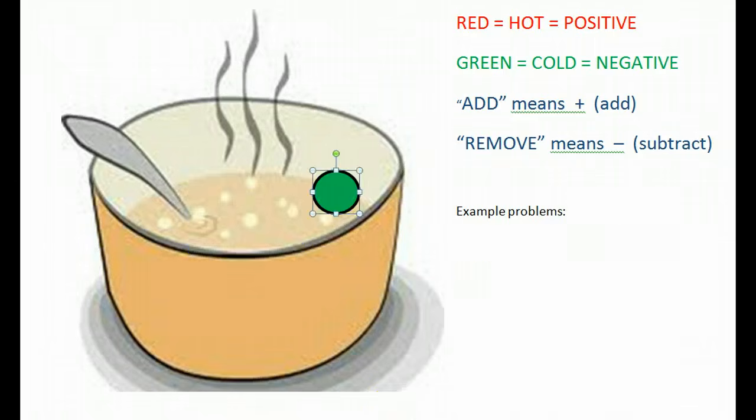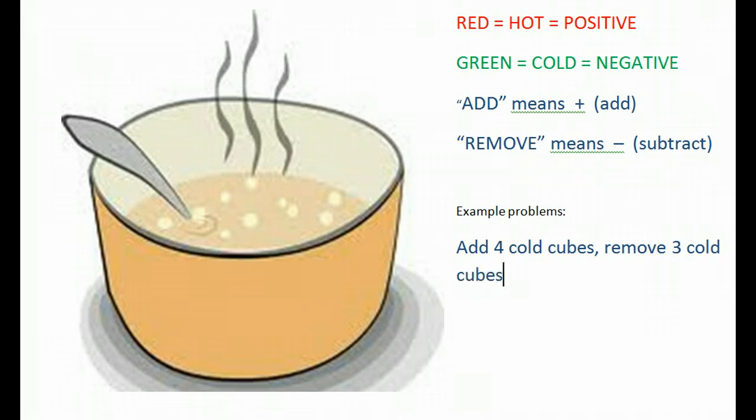Okay, I'm just getting done erasing here, so you don't have to watch me do that. Let's try this one. The chefs add 4 cold cubes and remove 3 cold cubes.